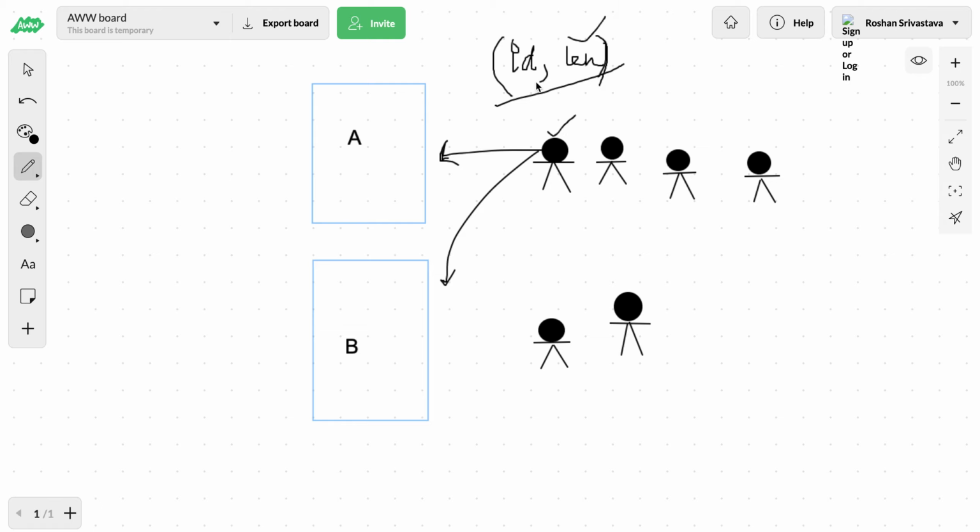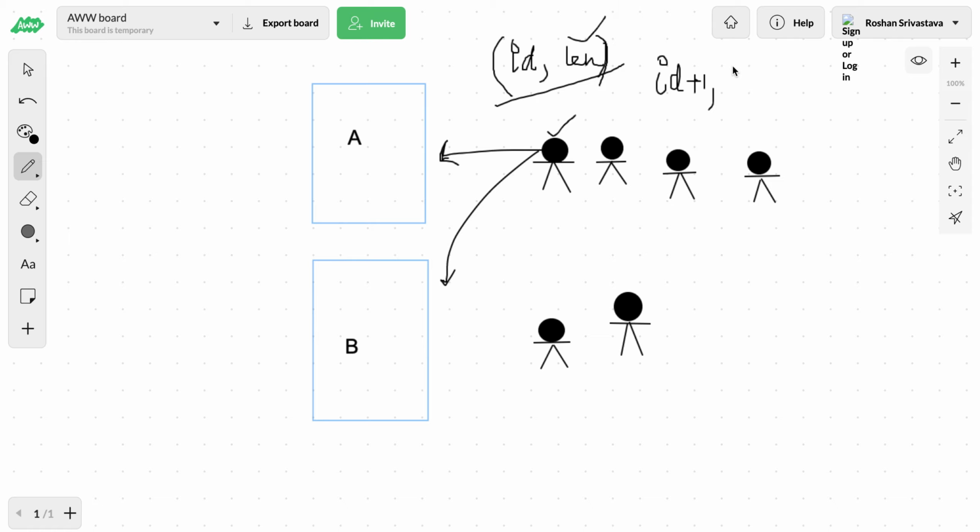For each particular guy, ID, let's call it ID, we are going to make a decision whether this guy should go to city A or city B. If he is going to city A, and this length is describing the length for city A, then the next state should look like idx plus 1, that means ID plus 1, we should then consider the next person in the queue.